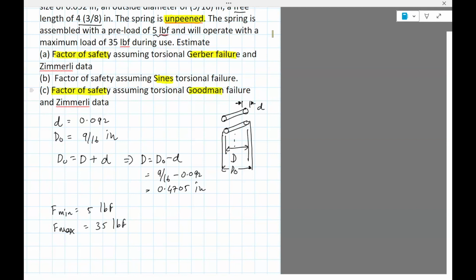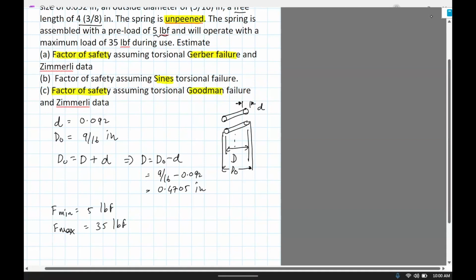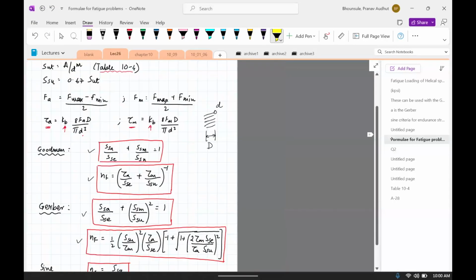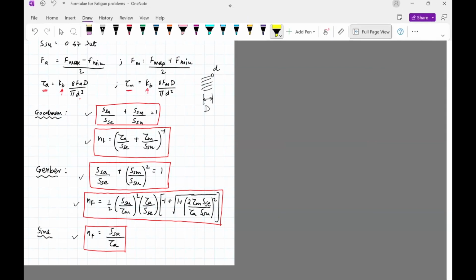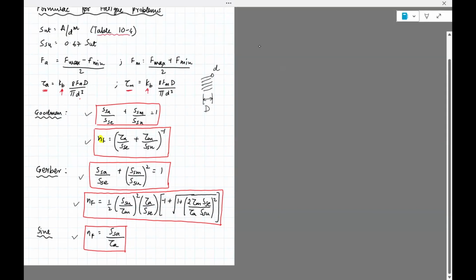Okay, so first, this is just going to be application of the formulas I have over here. So what do we need for Gerber? We have this formula, right? Factor of safety is unknown. We need SSE, SSU, sorry, Gerber is here, my bad. SSU, let me just copy this down, and then we can reverse engineer and figure out what we need.